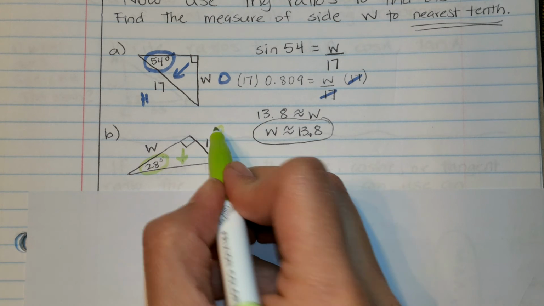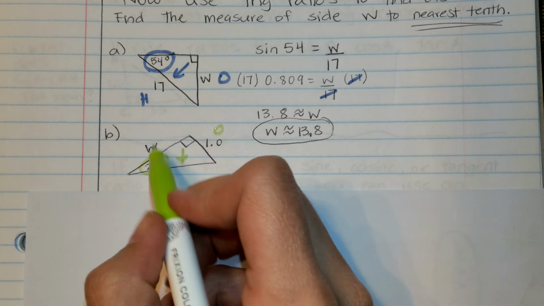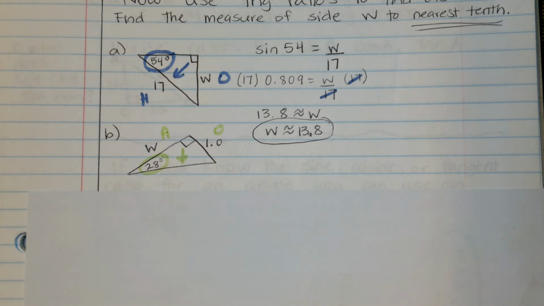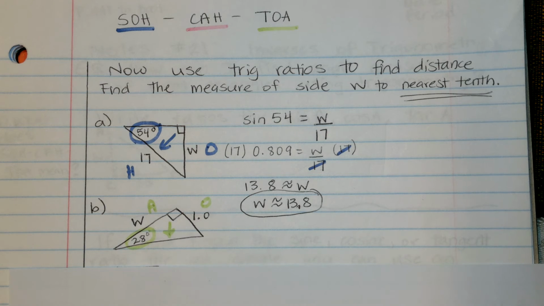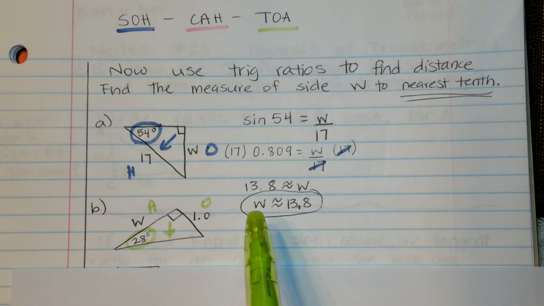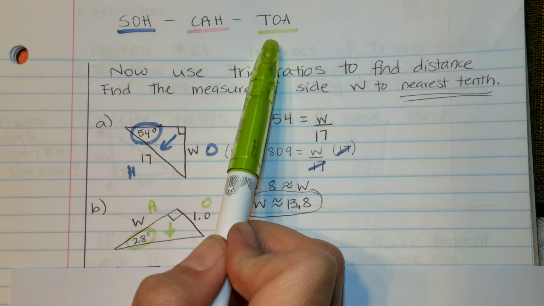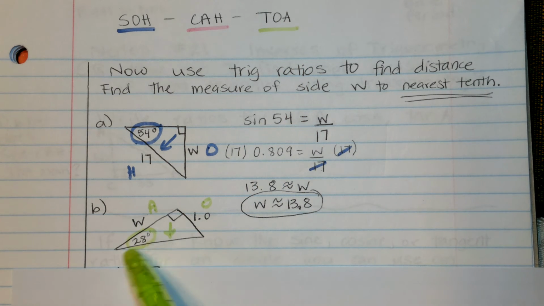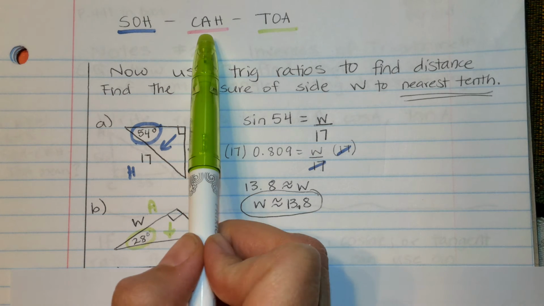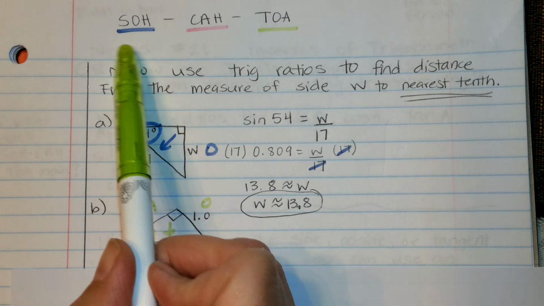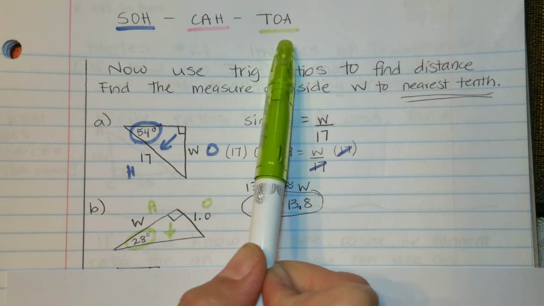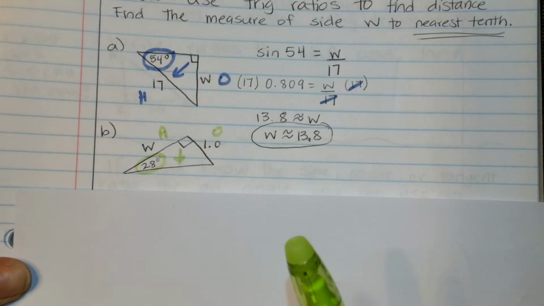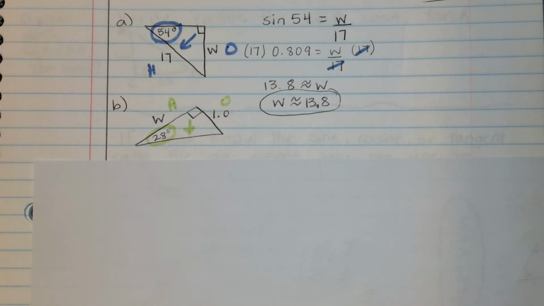Opposite is 1.0, so I'm going to put an O for opposite, and then adjacent is W. So looking at SOHCAHTOA, if I only have an opposite and an adjacent, which one would I use? So you can see that's why I go through this. Circle the angle, put the O, H, or A, depending on what's given, and then you'll know which to use, sine, cosine, or tangent. So you can tell it's tangent, T-O-A, tangent, opposite over adjacent. So that's how I'm going to set this one up.